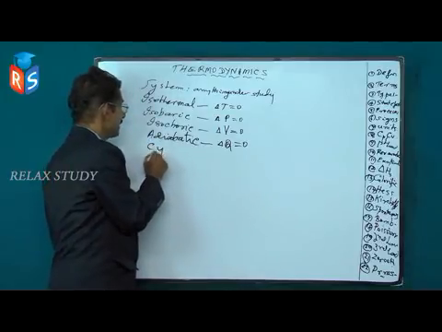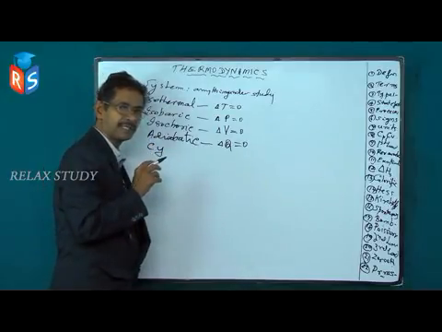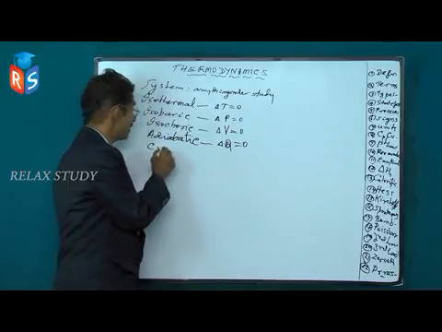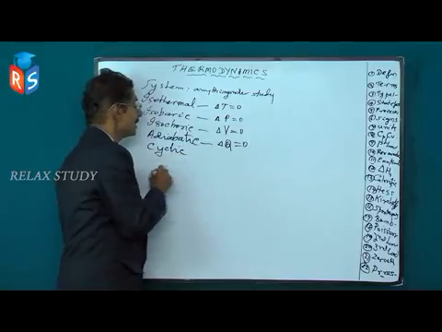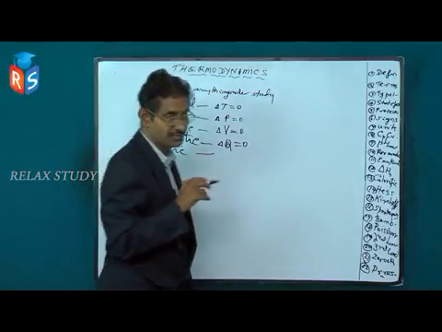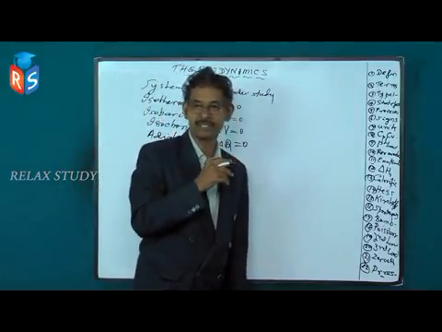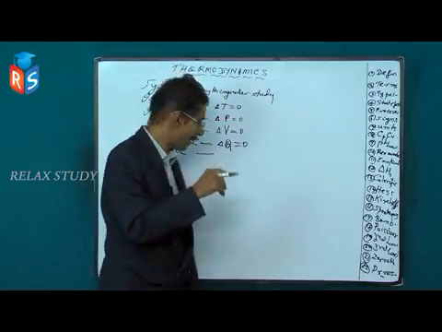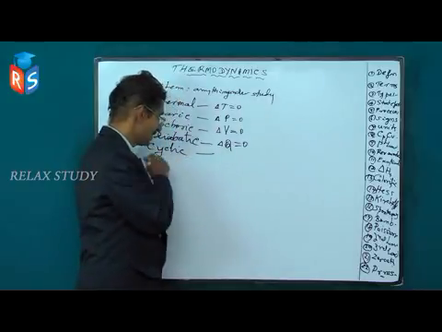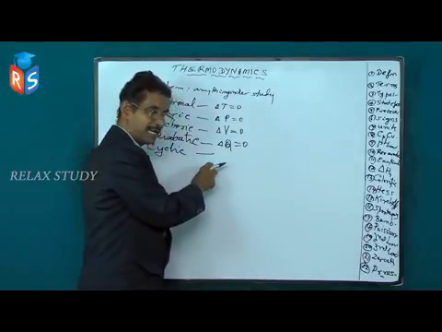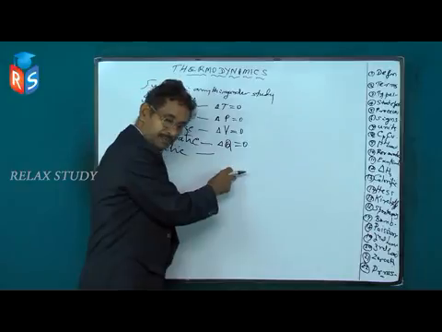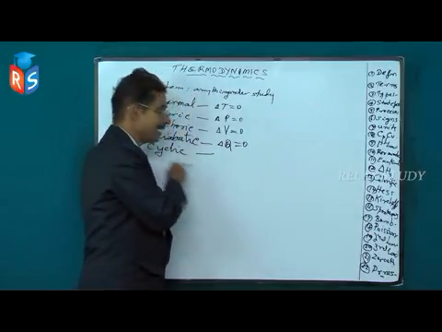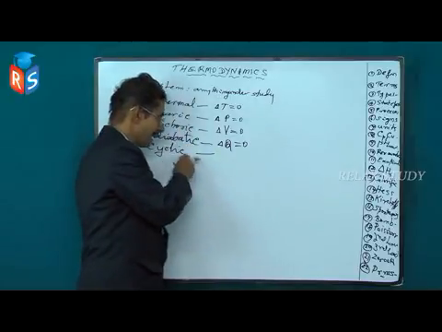Various other types of processes are dealt with in thermodynamics. One is the cyclic process. A cyclic process is one in which a series of steps takes place, say step 1, step 2, step 3, step 4, and ultimately it comes back to the original state.